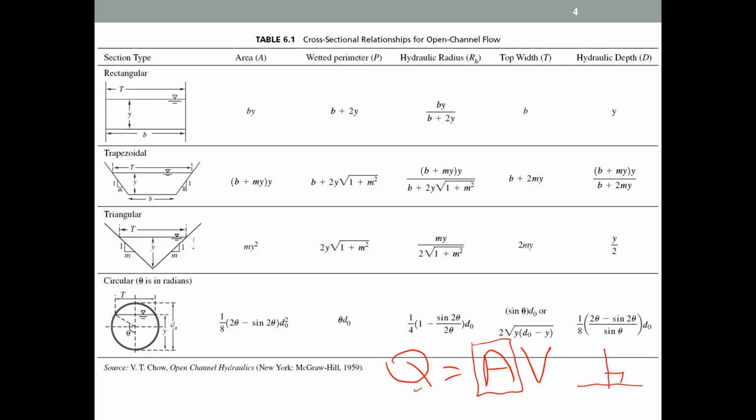The pipe flow is a pressurized flow, so the entire cross-section contributes to the water flow. But let's say the stormwater distribution system, there when we use a circular cross-section, it is not necessary that this water flow always be pressurized. It can be an open channel flow.